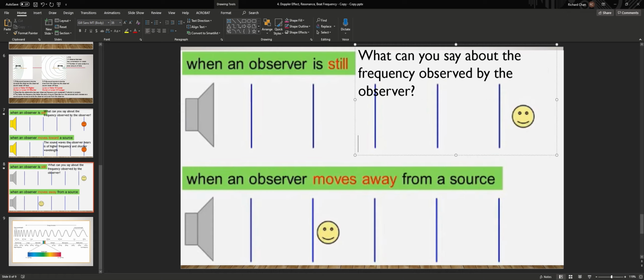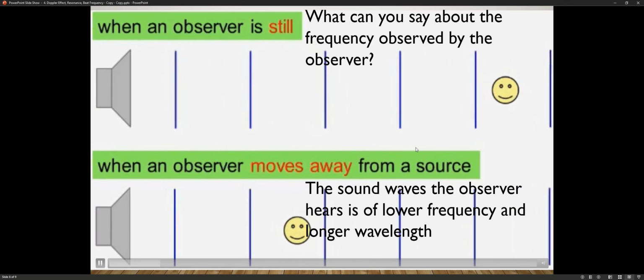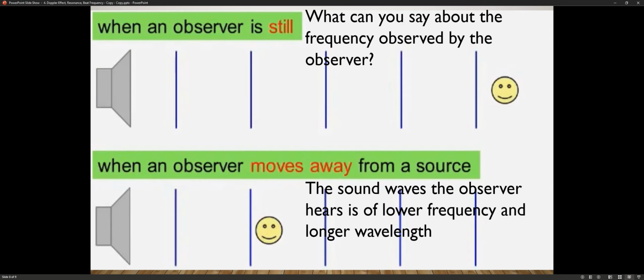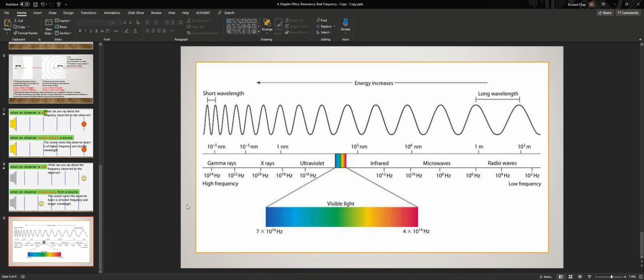So as the observer moves away from the source, the sound waves the observer hears are of lower frequency and longer wavelength. And so that's what you can refer back to as you complete the questions. Right. Cool.